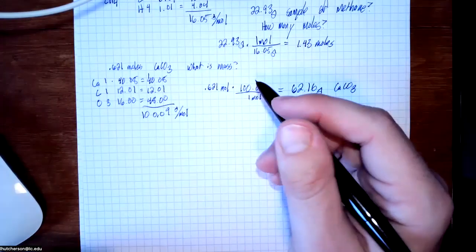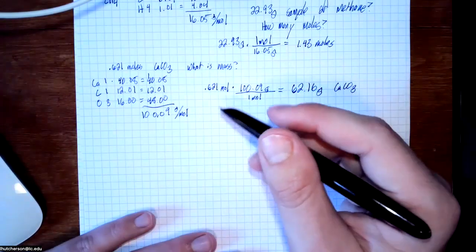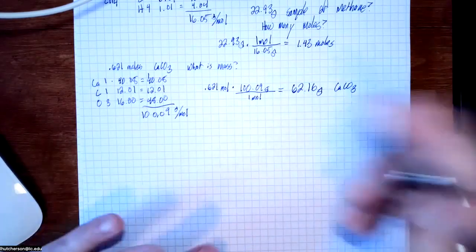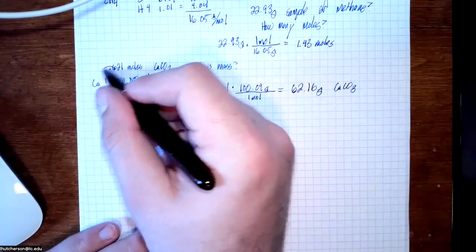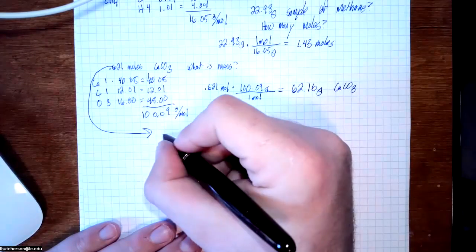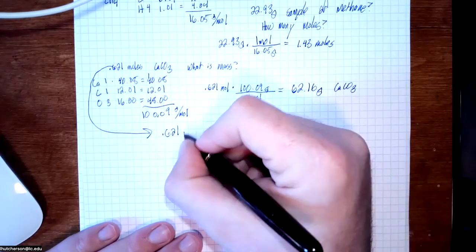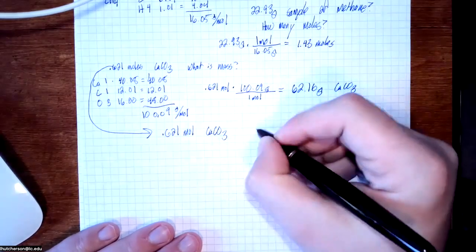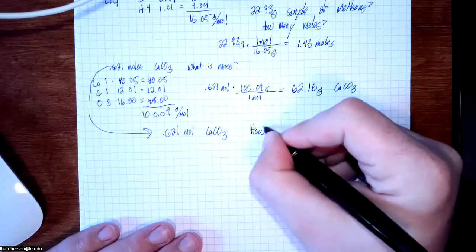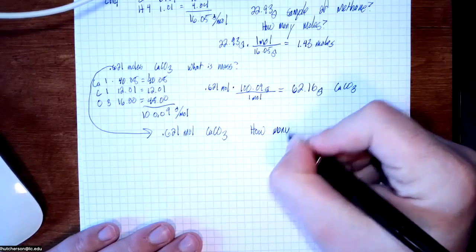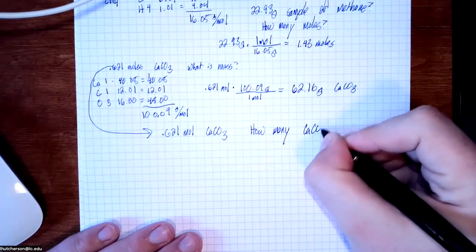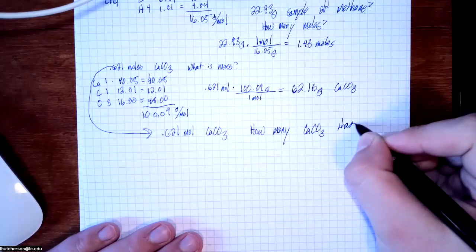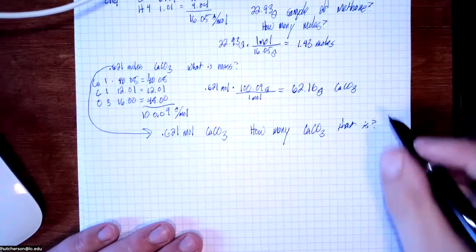Now, let's look at one other way that we could look at moles. Let's go back to my 0.621 moles of calcium carbonate. I want to know how many calcium carbonates that is.